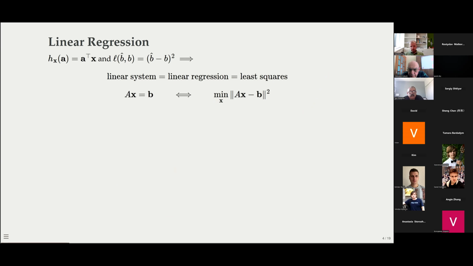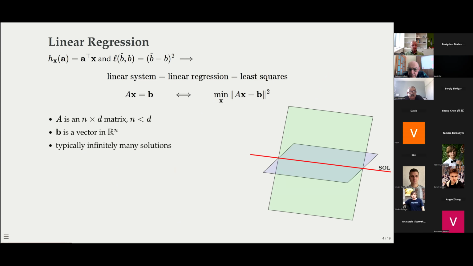Suppose that we have an n by d matrix with fewer rows than columns. Usually, if you don't assume anything else, this system has infinitely many solutions. On the picture, you have one hyperplane, another hyperplane, they intersect on another hyperplane, and there are many solutions. The whole red line is the solutions.